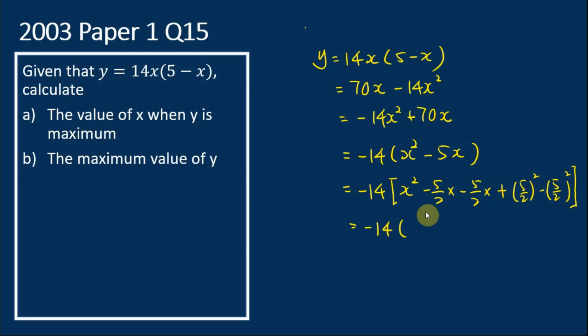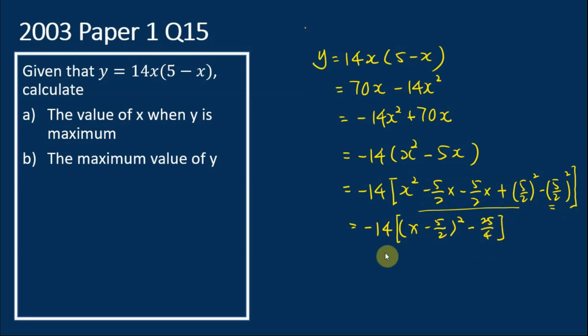Now these first three terms become a square, which is x minus 5 over 2, squared. And then we still have a constant here, which is minus 25 over 4.